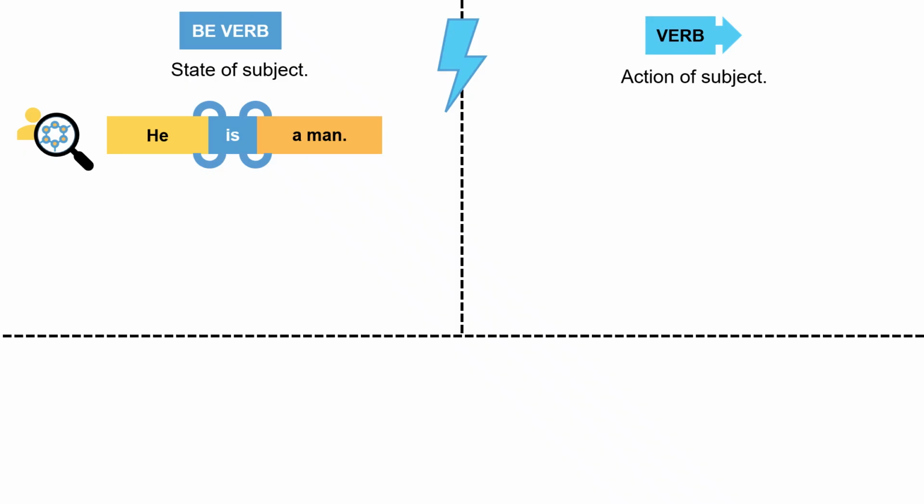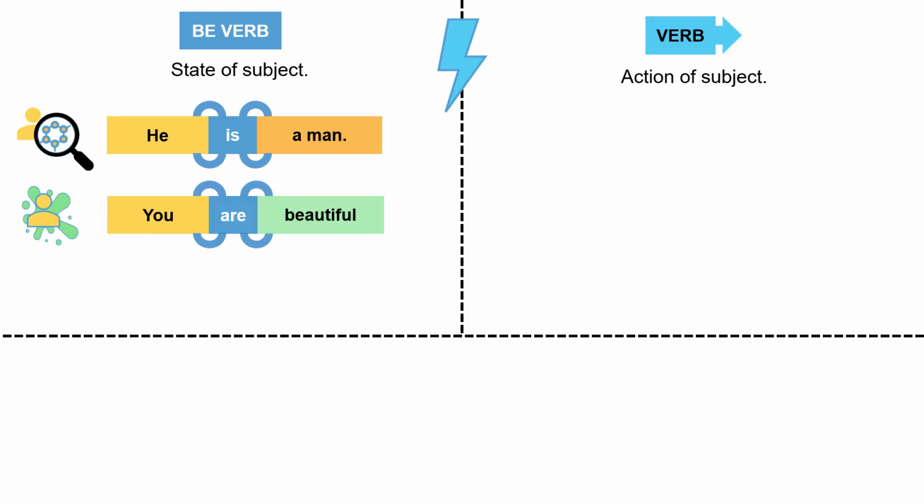We can also use the be verb with adjectives. You are beautiful. He is tall. It is great. Again, there's no movement. This is just the state of something. In English, you need to use a verb with an adjective.